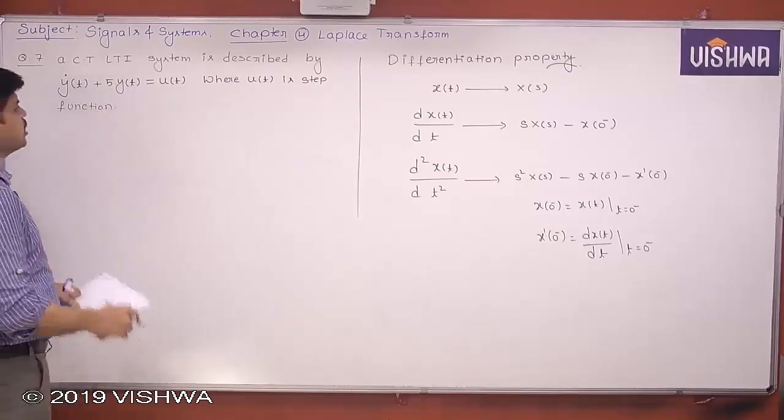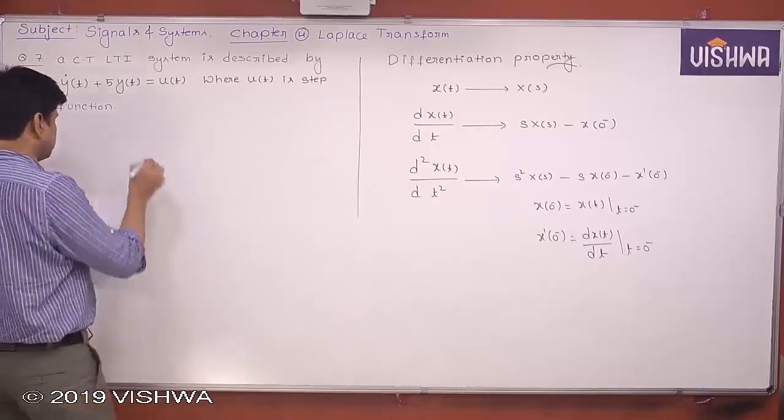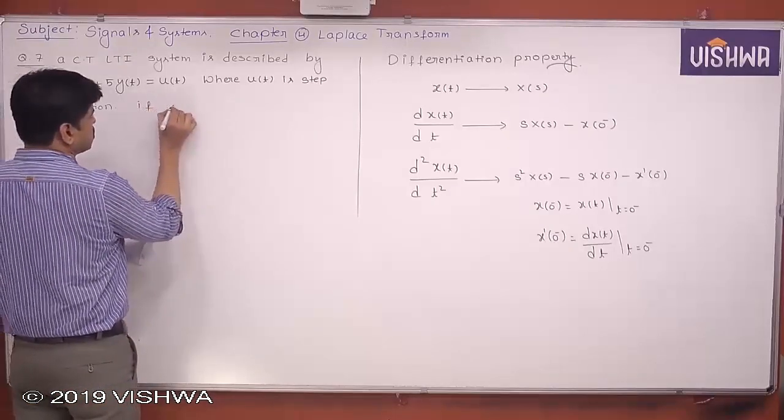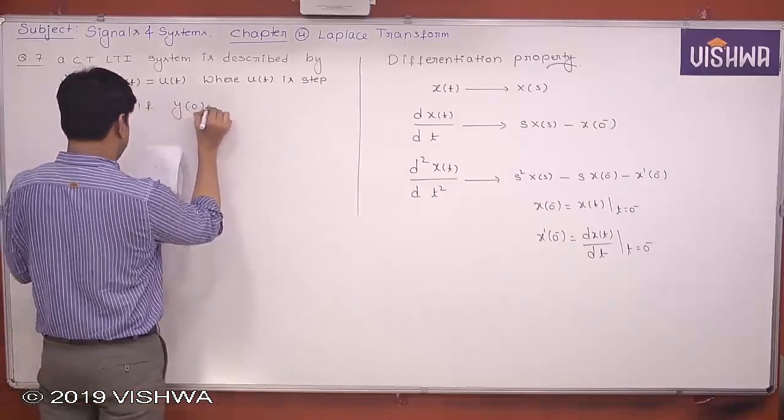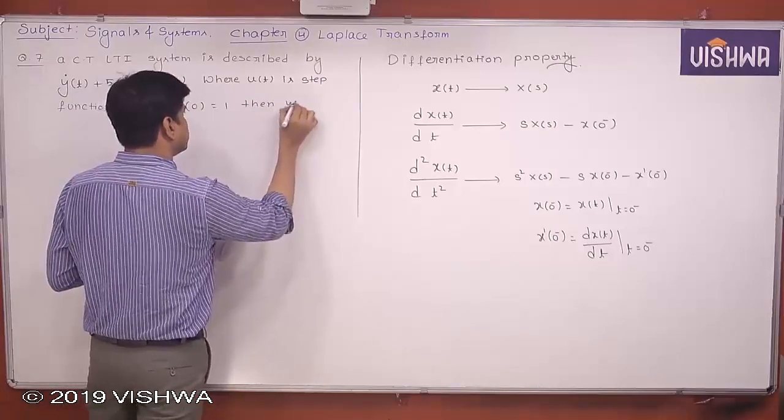A continuous time LTI system is described by y dot t plus 5 y of t is equal to u of t, where u of t is a step function. If small y of 0 is equal to 1, then y of t is?